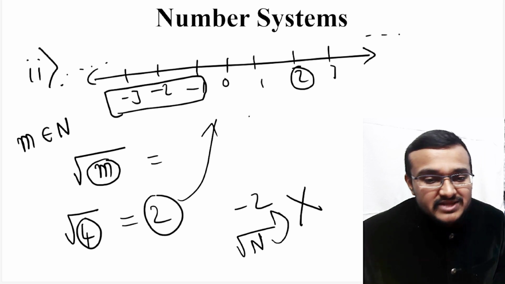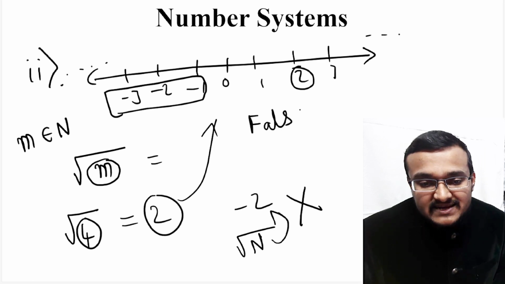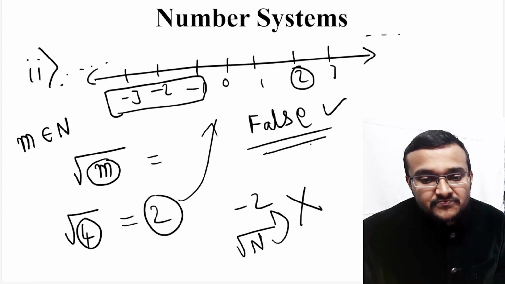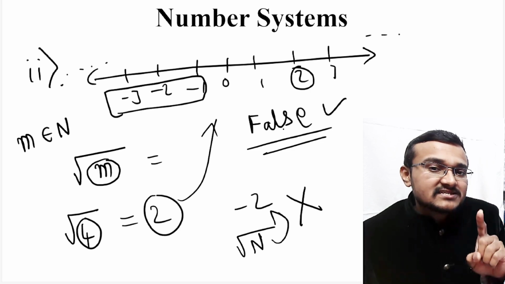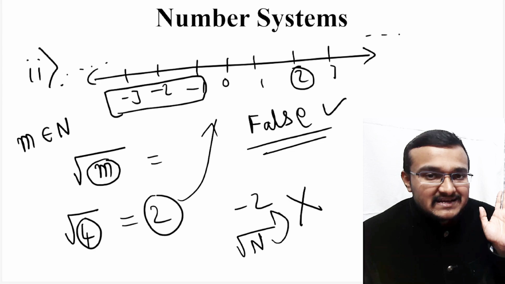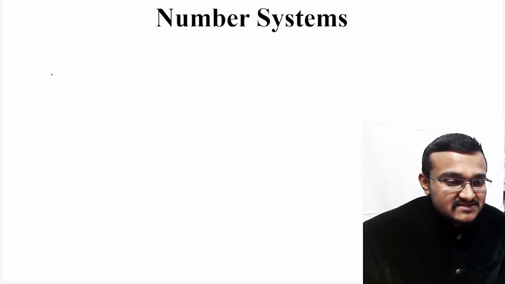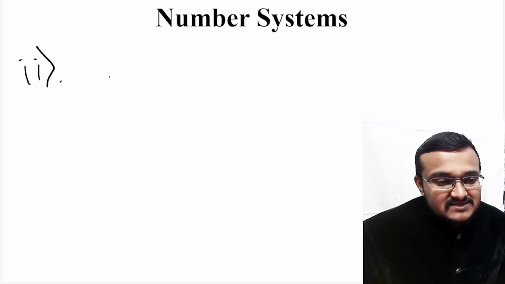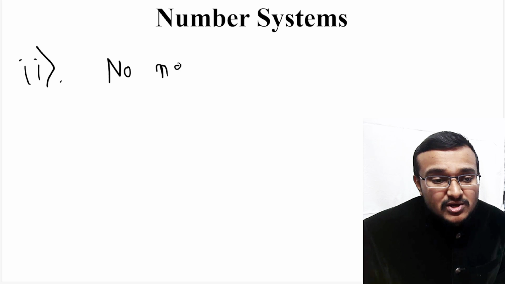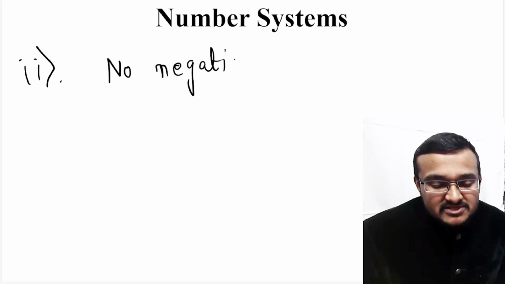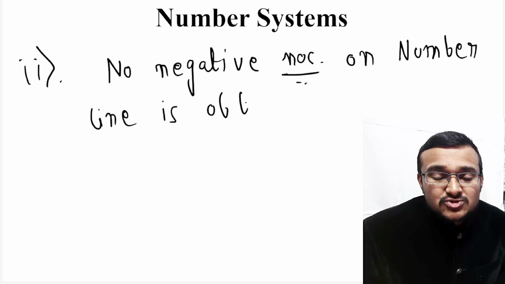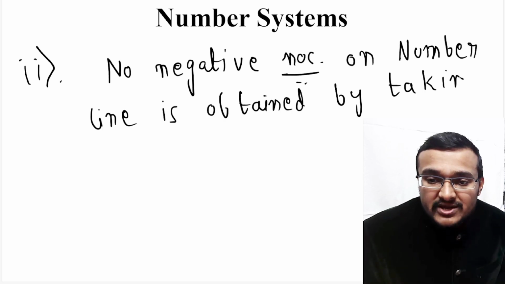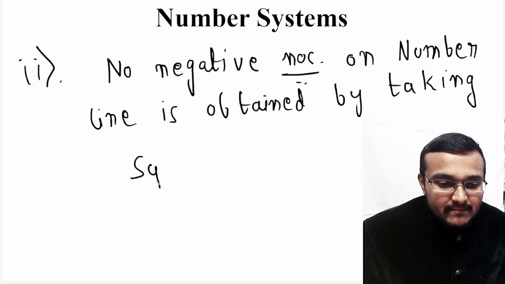So that's why the answer for this second statement is false, because no negative numbers can be obtained by taking the square root of a natural number. You can justify the answer for this second question by saying no negative numbers on the number line are obtained by taking the square root of a natural number.